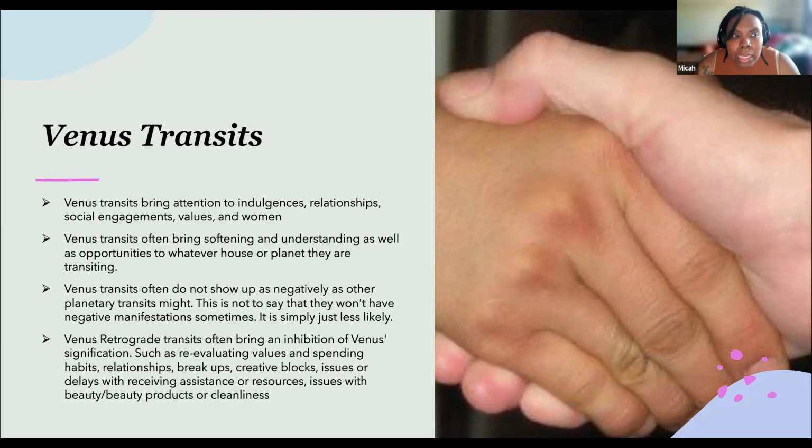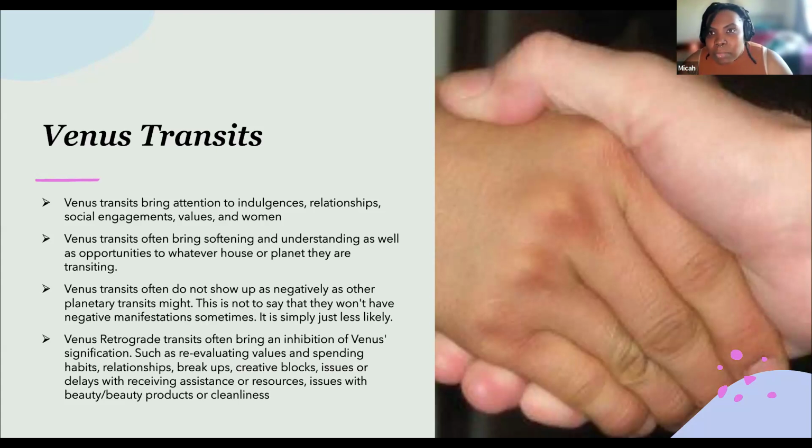I think I would take more notice of the moon and Venus being together and relating it to women if some other major event was happening, like during an eclipse, and the Venus and the moon are making some sort of aspect to each other. Then I would say it could be about women.